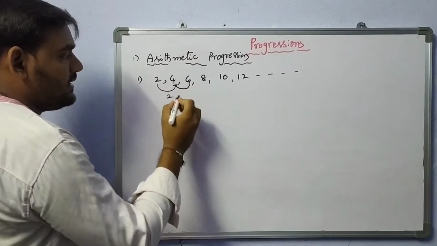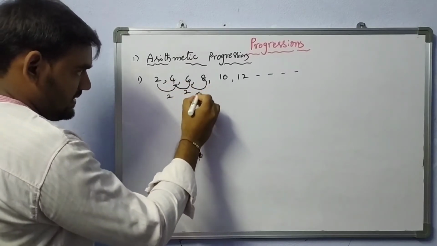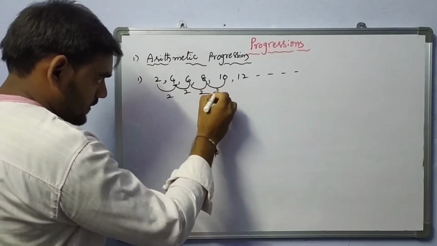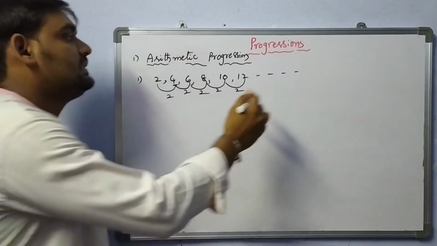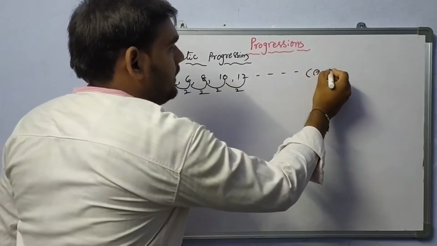Next, what is the difference here? 2. What is the difference here? 2. So this is called an AP.